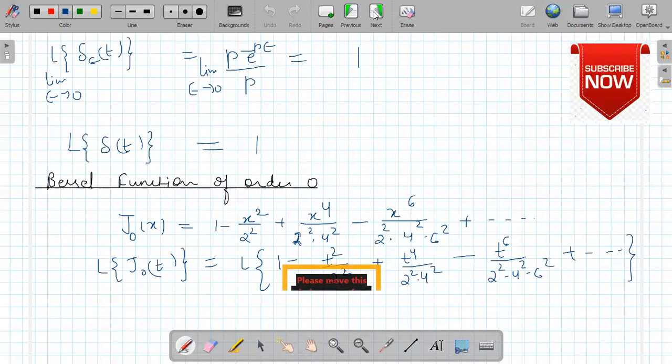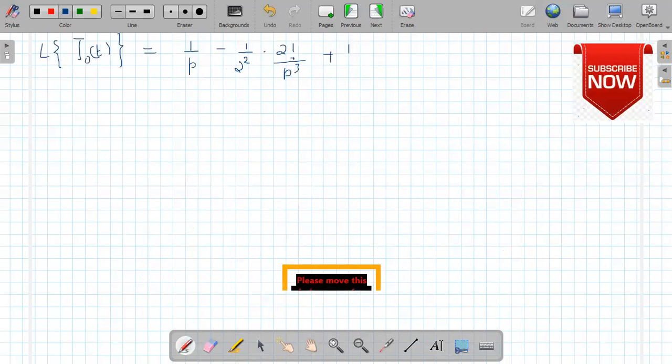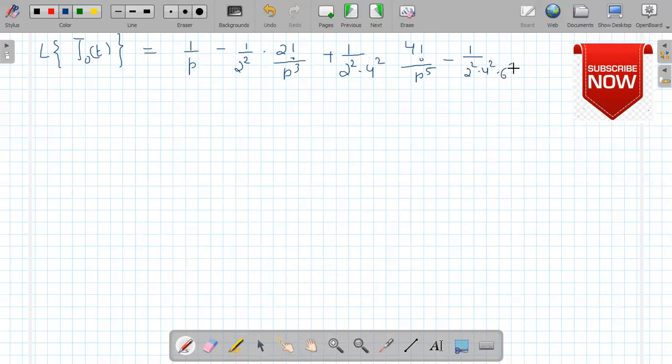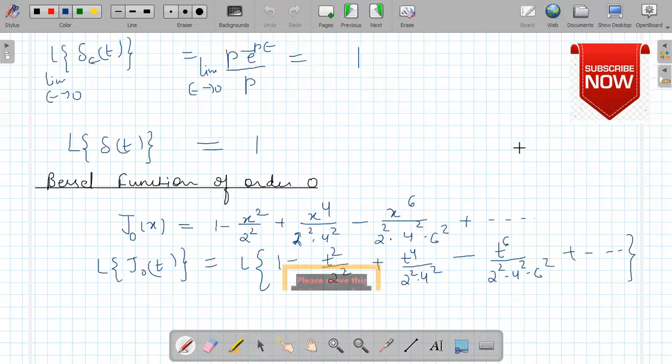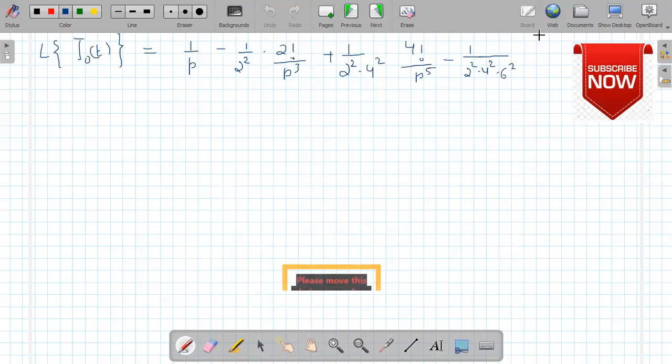Then t^4: plus 1 upon 2 square into 4 square. I am writing this aside because these are constants, and the Laplace of t^4 will be 4 factorial upon p raised to the power 5, minus 1 upon 2 square into 4 square into 6 square. And then Laplace of t raised to the power 6 is 6 factorial upon p raised to the power 7.